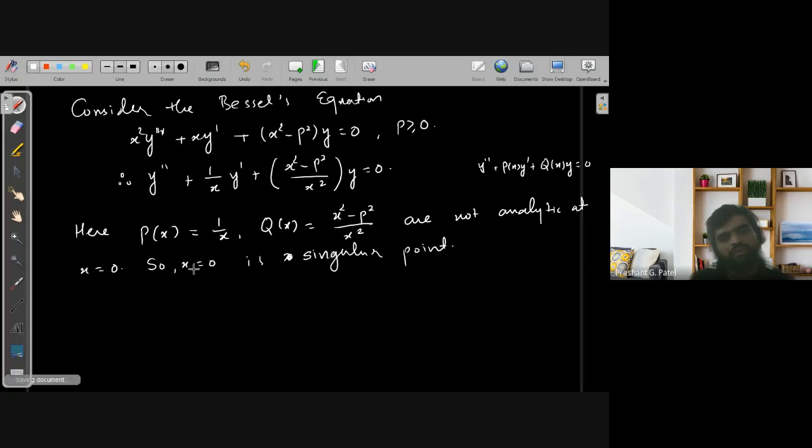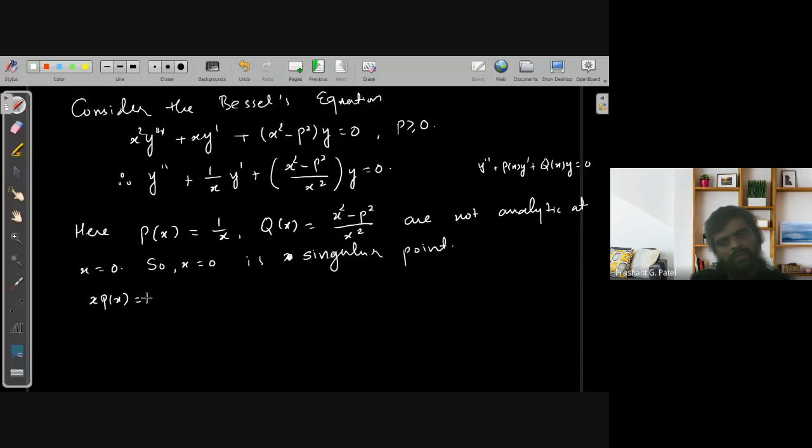Now we need to check whether x equal to 0 is a regular singular point or not. For that I have to look at x into p of x and x square into q of x. So x into p of x is equal to x into 1 upon x, which is 1, and x square into q of x will be x square into x square minus p square by x square, which will be x square minus p square.